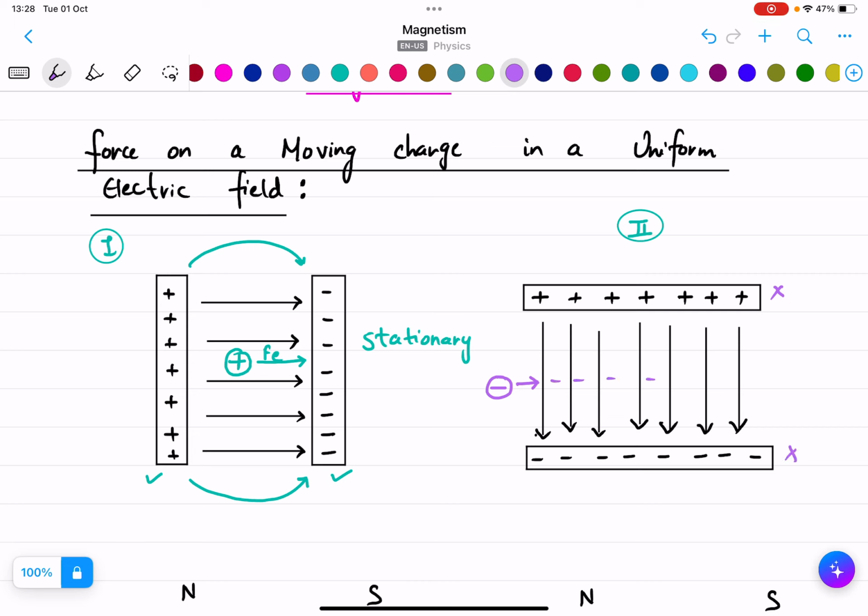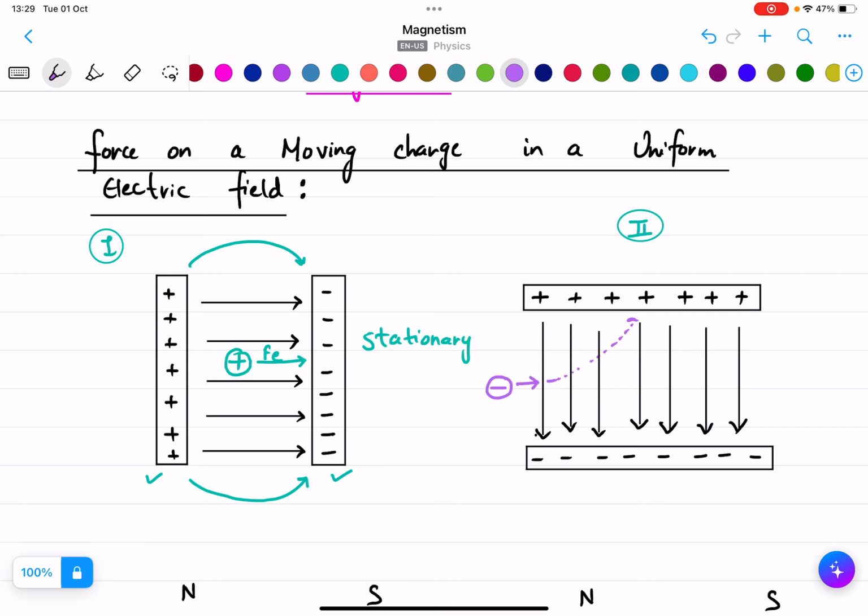This charge will move like this if there is no electric field. But now suppose there is an electric field, that means there is a positive plate, there is a negative plate, and a charge is coming and it is experiencing the electric field. What will happen? This negative will go towards the positive plate, right?